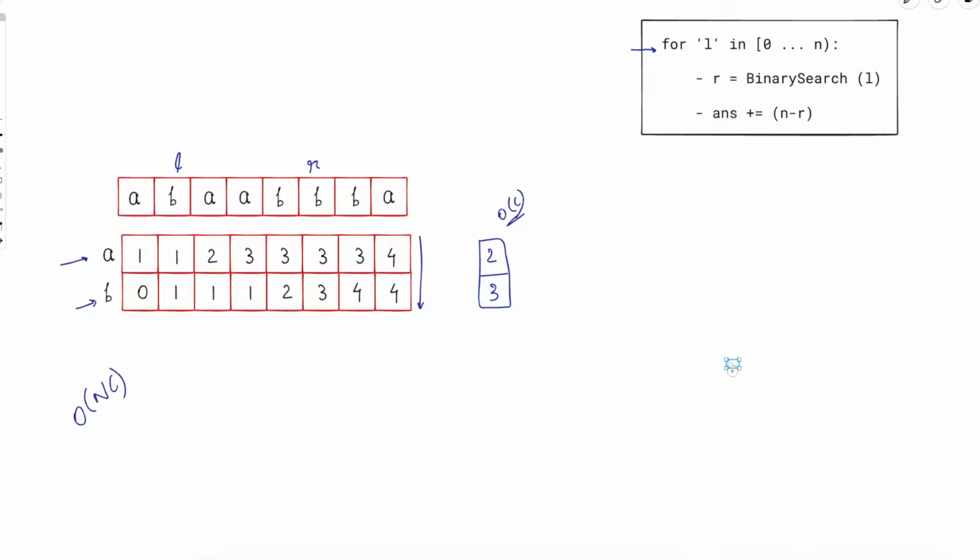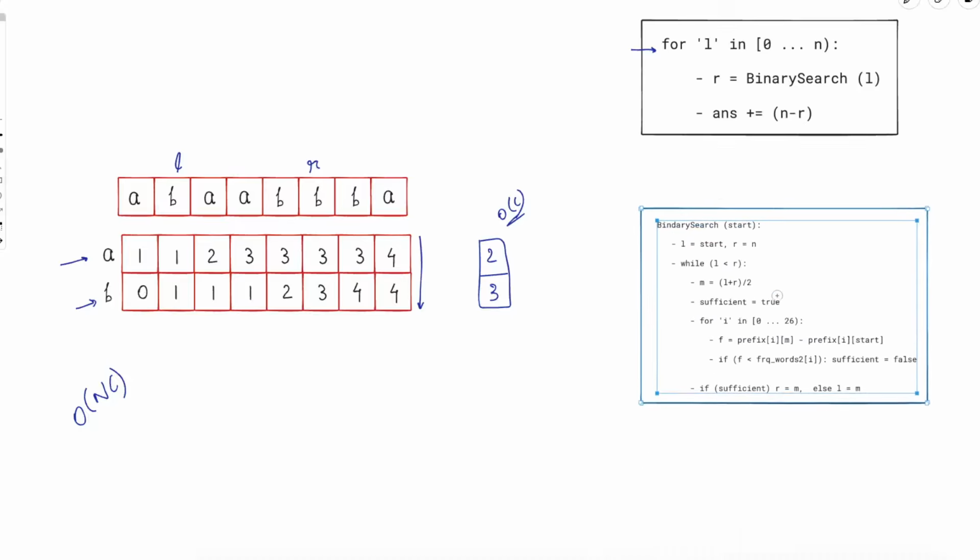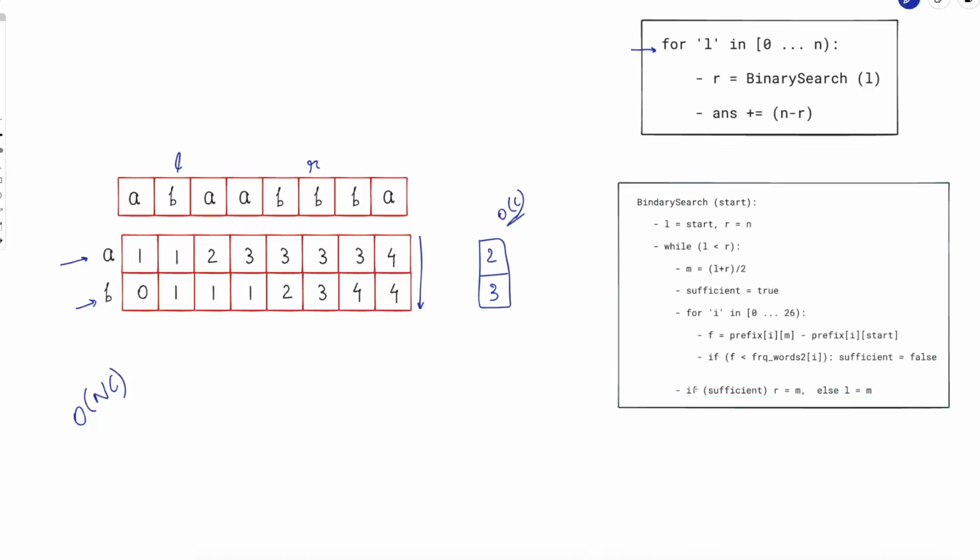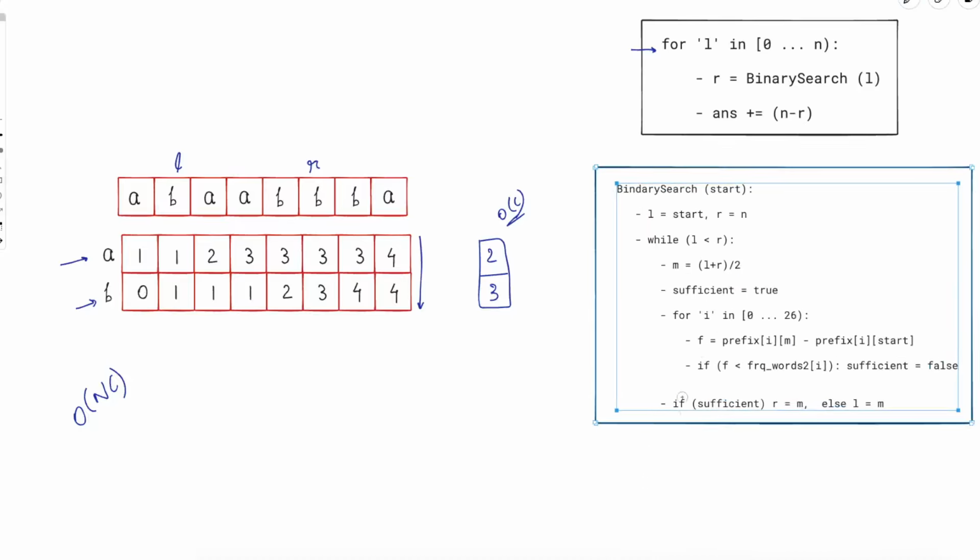Now, how does the binary search function look like? It will simply be a binary search function. We'll take in a starting position start, which simply says where my array or subarray is starting from. Now for this L, you want to find out what is the nearest R that satisfies the condition.